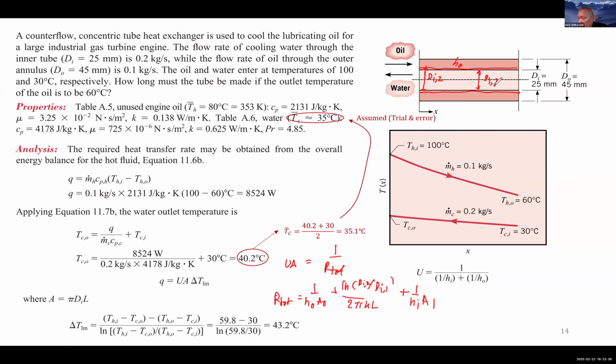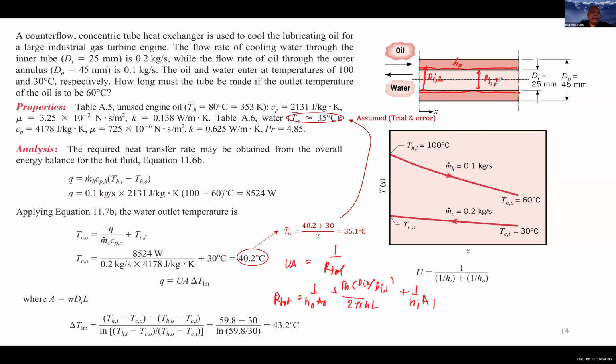DI1 is the inner diameter of the inner tube. DI2 is the outer diameter of the inner tube.